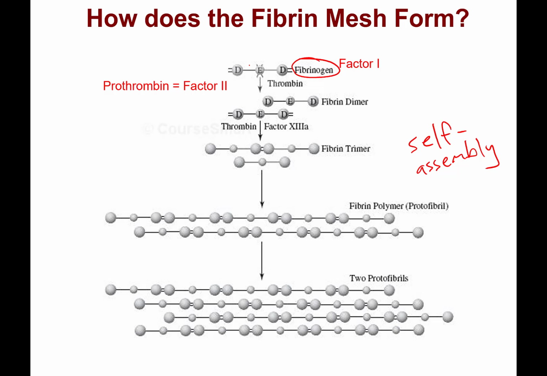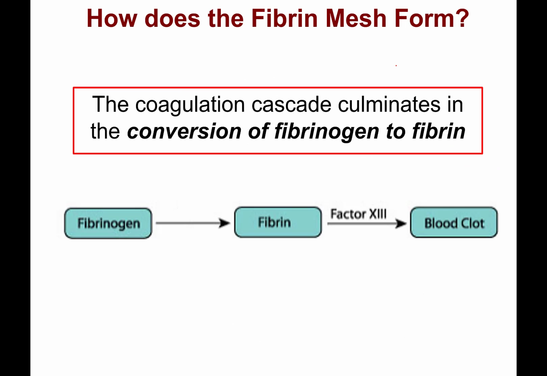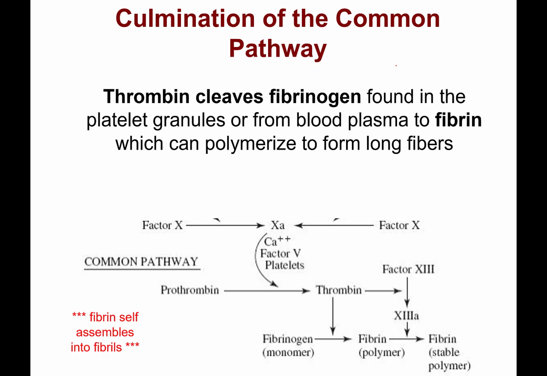And then fibrinogen is cleaved by an enzyme known as thrombin, and then it produces a fibrin dimer that then self-assembles. So that's where the coagulation cascade culminates, in this conversion of fibrinogen to fibrin. But how do we get there?